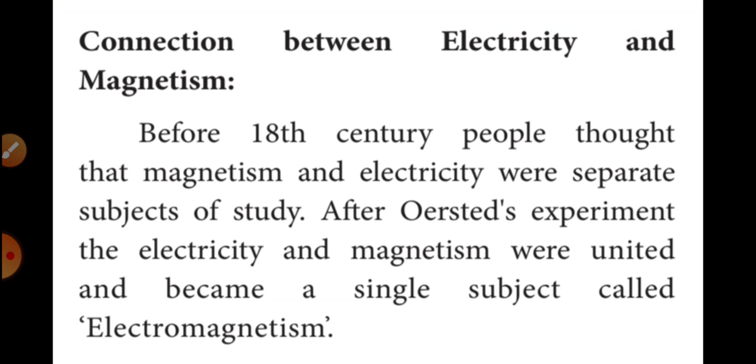Next, the connection between electricity and magnetism. Before the 18th century, people thought that magnetism and electricity were separate subjects of study. After Weierstrass's experiment, electricity and magnetism were united and became a single subject, called electromagnetism.